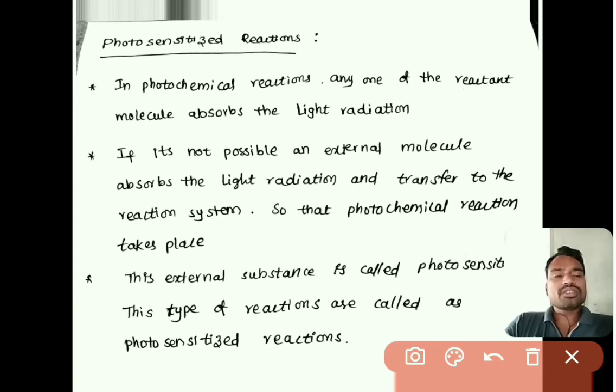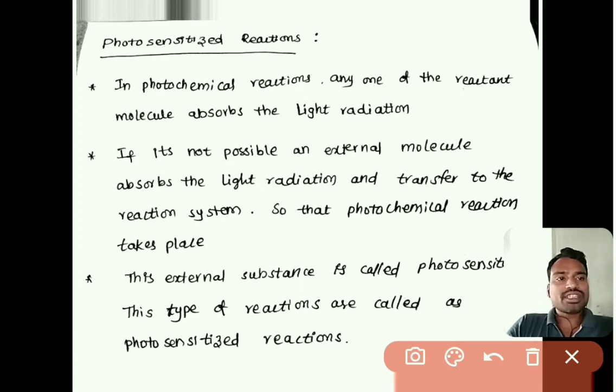In some cases, whatever reactant molecules are there in a reaction, whether 2 or 3 or 5 or 10, all of them are unable to absorb the light energy, but they have to undergo a photochemical reaction. What is happening then? No reactant molecule is absorbing.